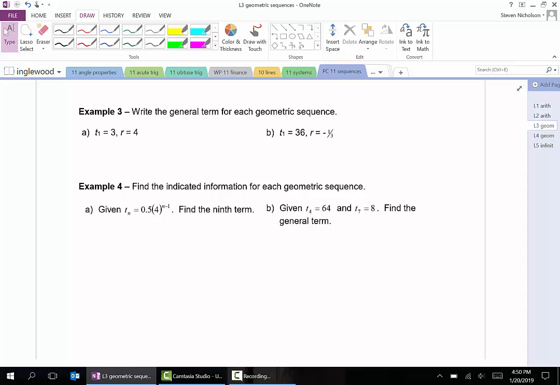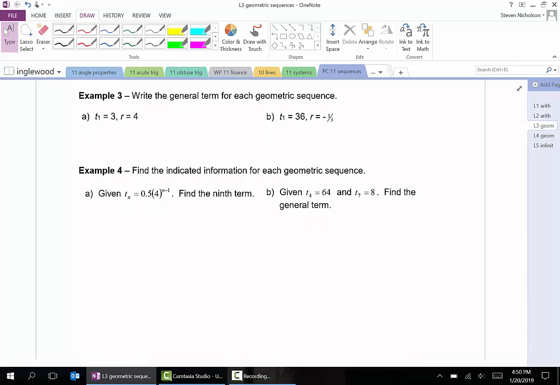So here's a quick couple of examples of writing the general term of a geometric sequence. So the general term T of n, whatever one I might want to find, is equal to whatever the first term is times the common ratio, which in this case is 4, to the n minus 1.